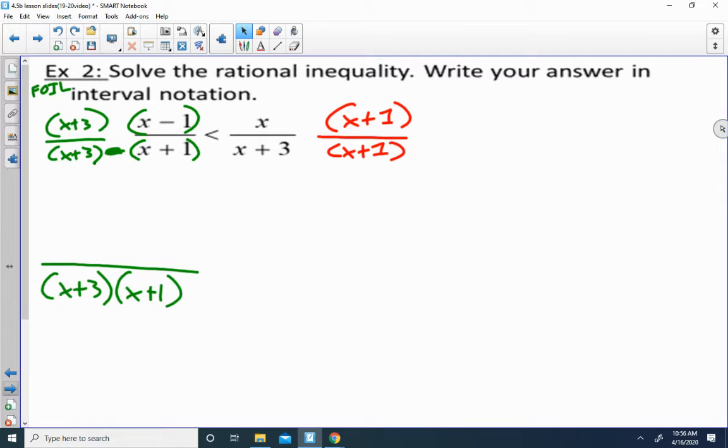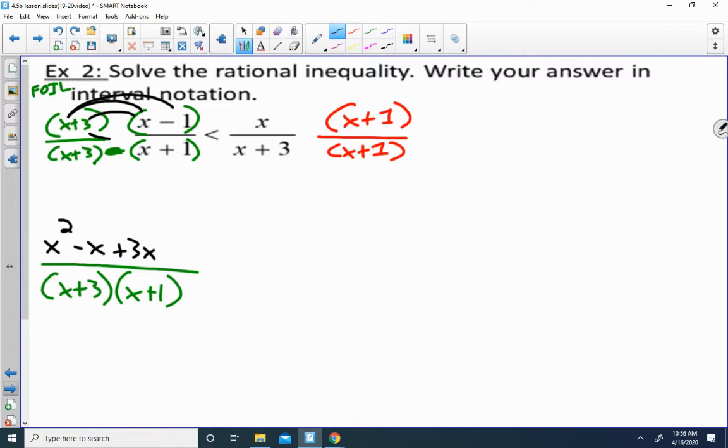The first gives us x squared. The outside, x times negative 1, will be negative x. And then 3 times x for the inside will give you positive 3x. And then the last terms, positive 3 and minus 1, will give you minus 3. So that's what we get for the top of the green side. And our inequality is less than.